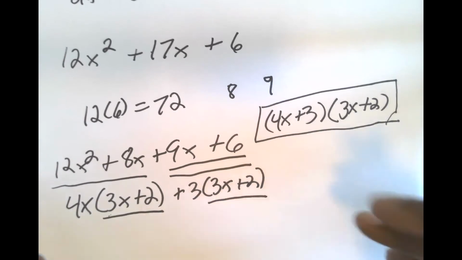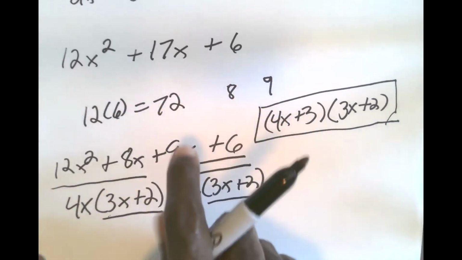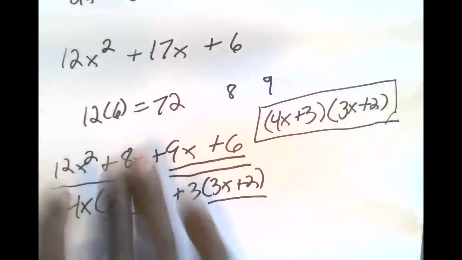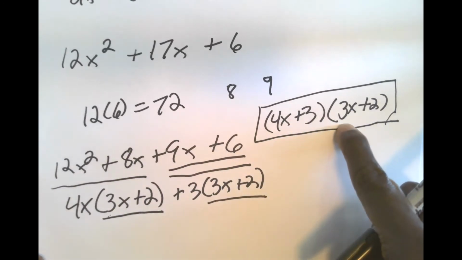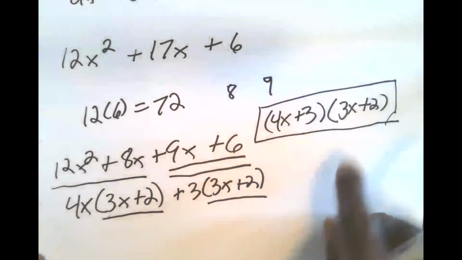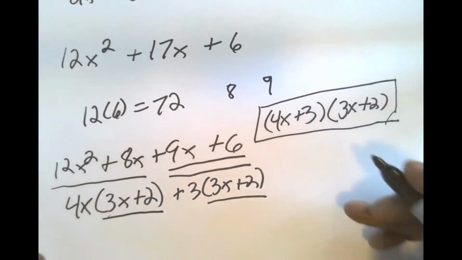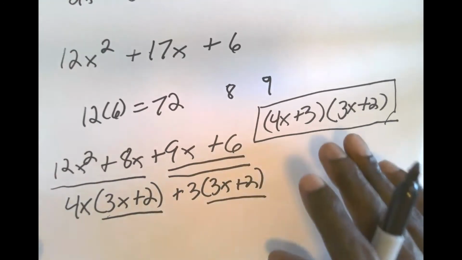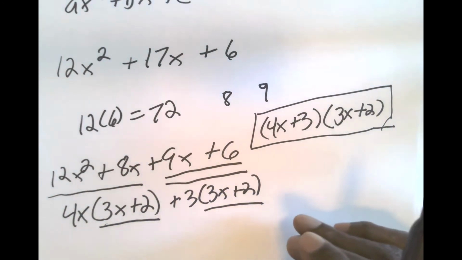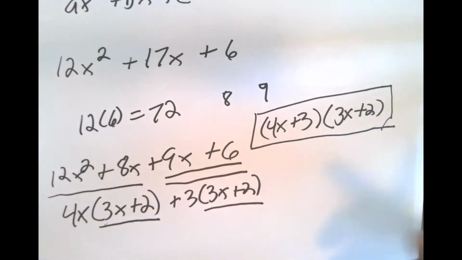So if it's something that's difficult to figure out through trial and error, this one happened to end up being 4x and 3x, but I could have first started off with 12x and x and 6x and 2x, and could have gone from there. So it's a very effective method. Let's look at a couple more examples of factoring these quadratics utilizing the AC method.